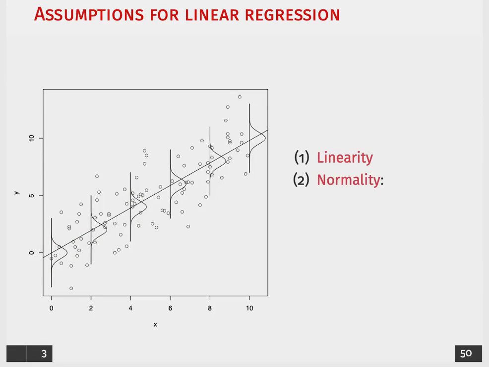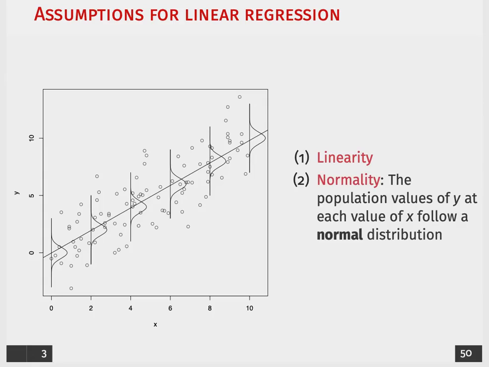Our second assumption is normality. And when we talk about normality, we're talking about, again, the population values of y for each value of x. It's going to have a normal distribution. And we can see that graphically here, right? Again, this is an assumption.